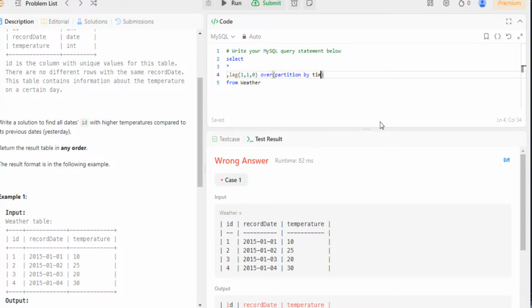Partition by temperature, order by record date. And then this doesn't feel right, but like I said, I need to learn lag.